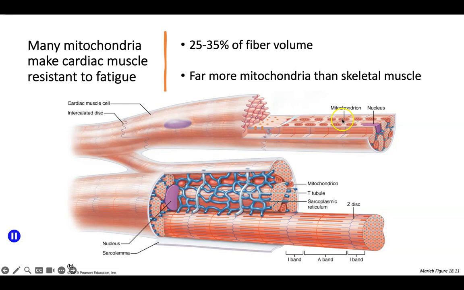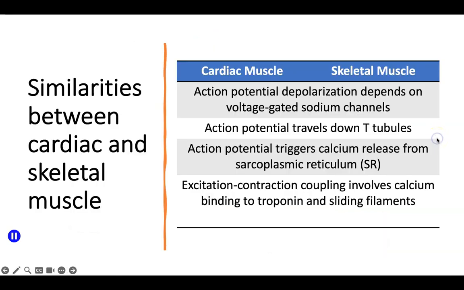And so there needs to be a constant, reliable source of energy, and that requires a lot of mitochondria. So these cells are incredibly packed with mitochondria, along with all of these myofibrils that are the contractile units. You'll notice it's so much that about a third of that cardiac muscle fiber is filled with mitochondria. It's a lot of mitochondria providing essential energy for the heart.